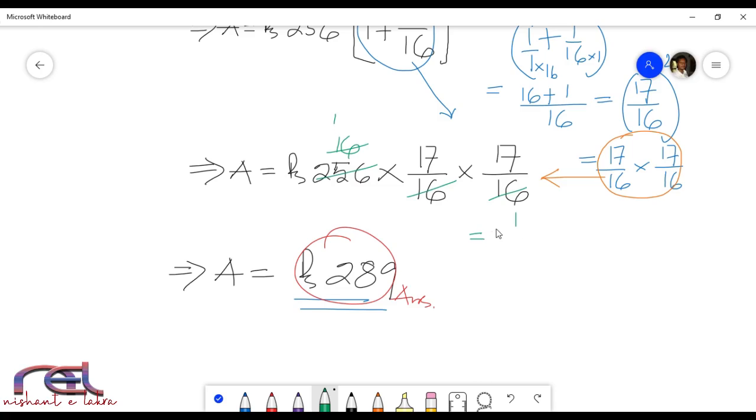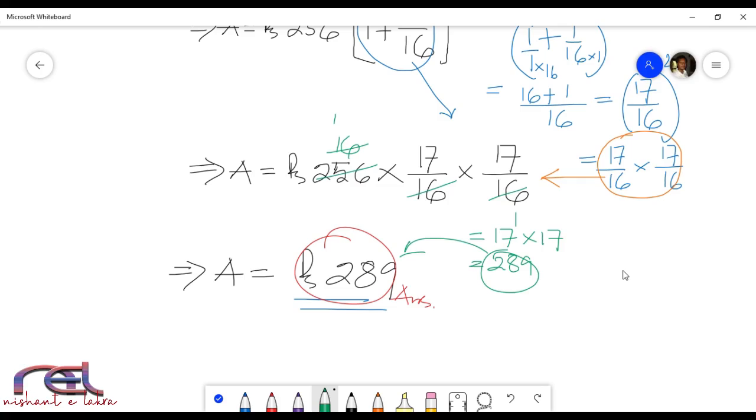And when you multiply 17 into 17, or 17 square, I'm sure you know the square values. 17 square is 289, and that is how we get amount as rupees 289.